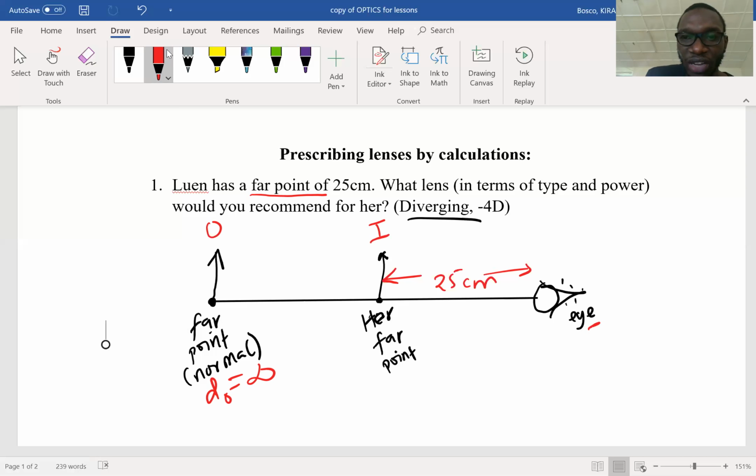Meaning that if you look at the diagram, the image and the object are on the same side, and therefore we shall put the lens somewhere here. So the lens, we don't know yet whether it's going to be diverging or converging, but let's see by calculation. Objects at infinity, we want to focus them to the far point of this lady, which is 25 centimeters. We want to know the type of the lens and the power.